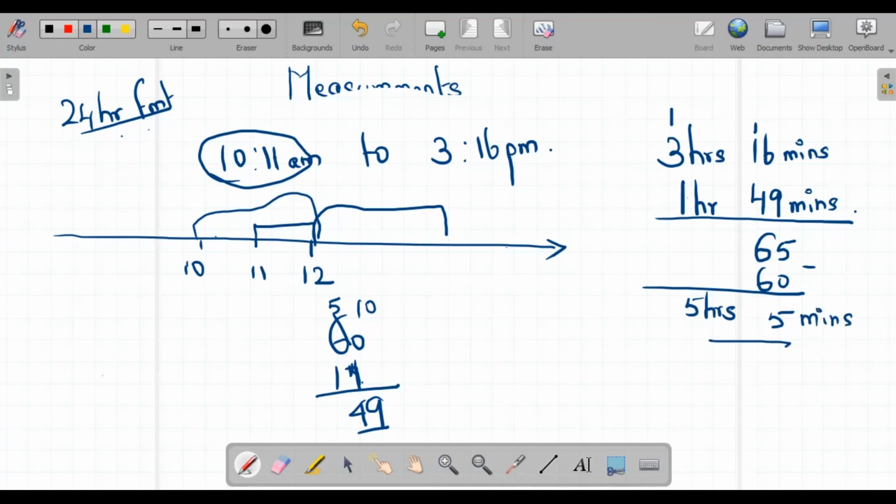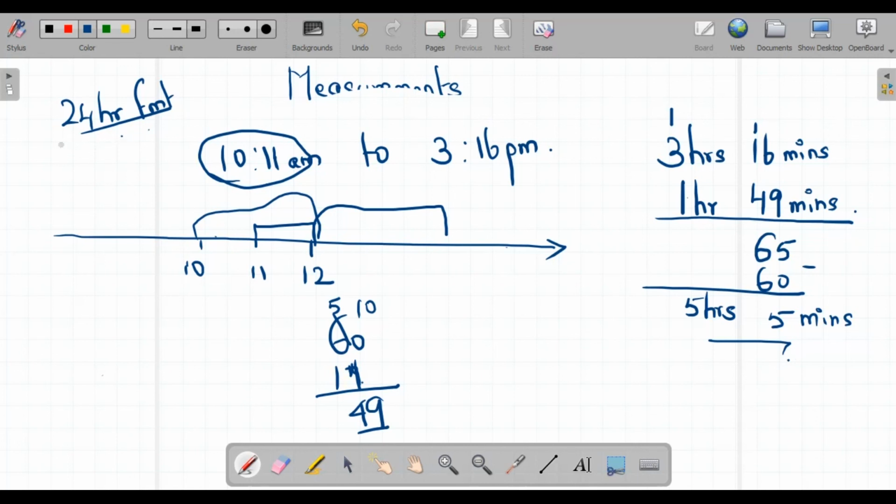Okay? Clear? So in this session, we have seen how to calculate the duration between any given two times. If it is in the 24-hour format, it is direct subtraction because the whole format is universal. We already know how to subtract between two times.